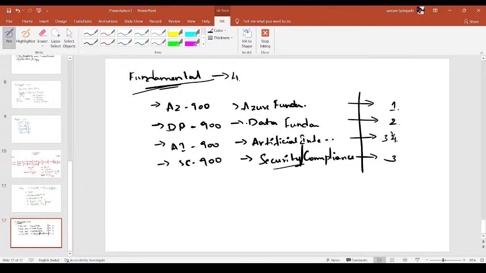And this can be 3 or 4, this also can be 3 or 4. If you are doing or are part of any AI project, you must go to artificial intelligence AI900 first. Otherwise you can directly go to security and compliance if you are just an application developer. Okay, so next one is associate level.